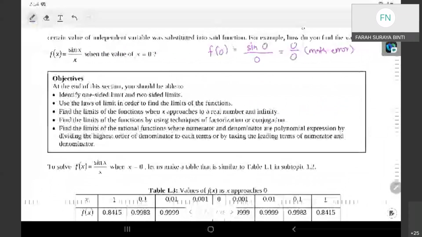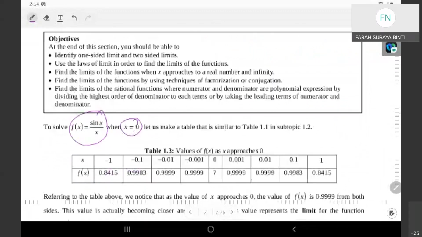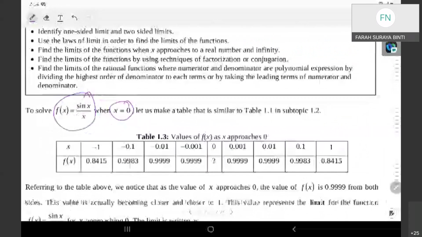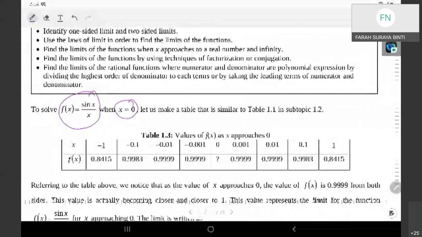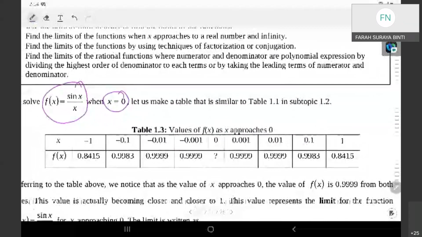So, to solve this function when the value of x is 0, so let us make a table that is similar to table 1.1 in subtopic 1.2. Okay, kita tengok table ni. Okay, tengah-tengah kita masukkan limit apa yang kita nak tadi. X equal to 0. And then sebelah kanan kita ambil yang nombor yang lebih besar daripada kosong.